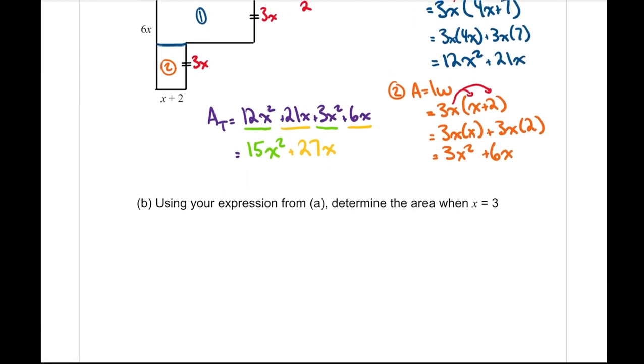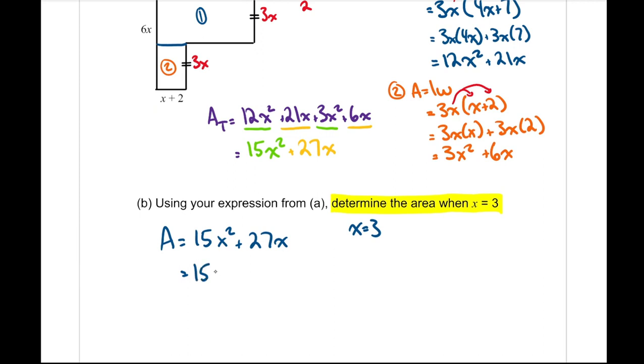Because question B is telling us to determine the area when x equals 3. So we know the area is equal to 15x squared plus 27x. We are also told now that x equals 3 in this scenario. So looking at this, I can go in and replace all the x's with 3.